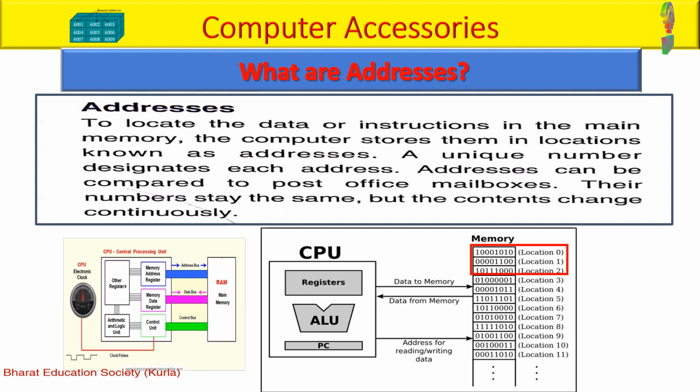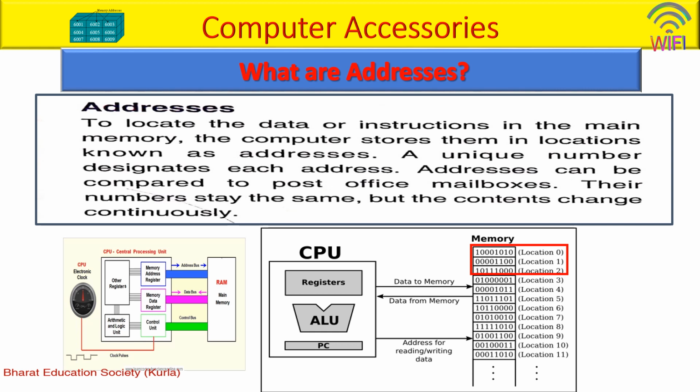The computer can access any address in memory at any time, hence the name random access memory. To locate the data or instruction in the main memory, the computer stores them in the location known as addresses.